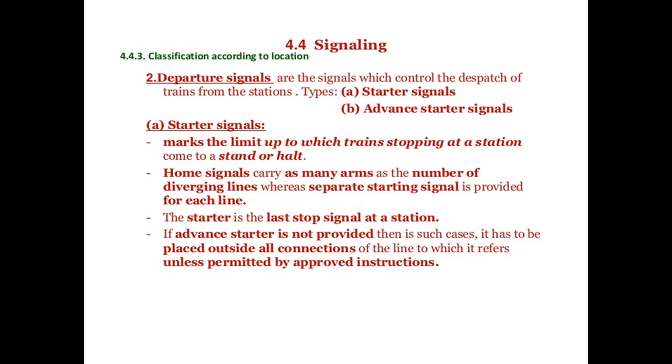Here, in the departure signals, we have the starter signals and advanced starter signals. Starter signals can be placed for trains which stop at the station, to stand for a while or halt in that station for traffic or goods to be loaded or unloaded. These halting stations require a starter signal and also departure signals, which include starter and advanced starter signals.